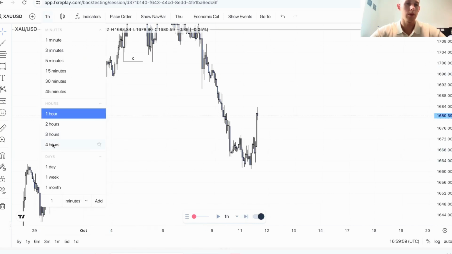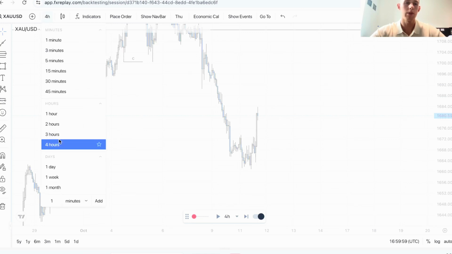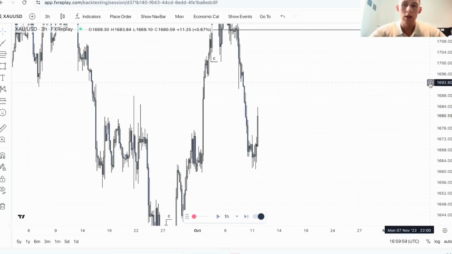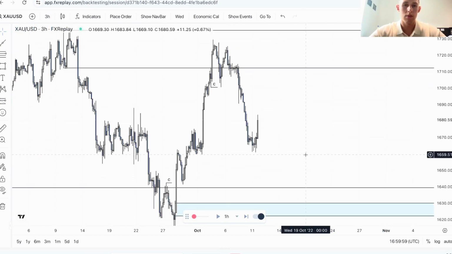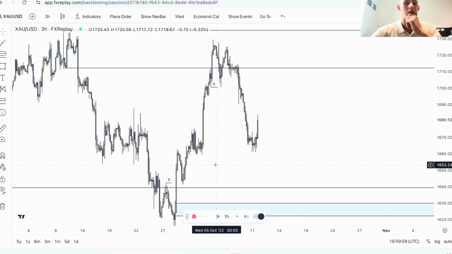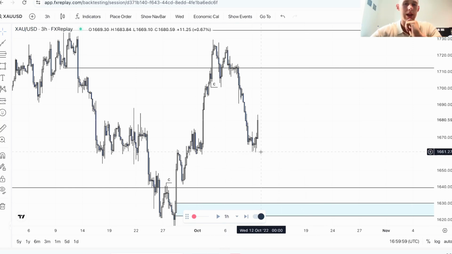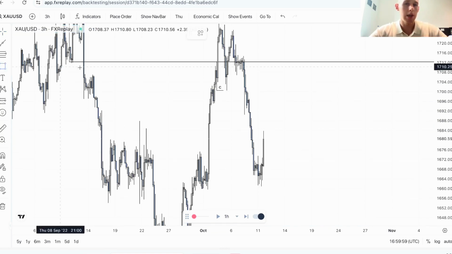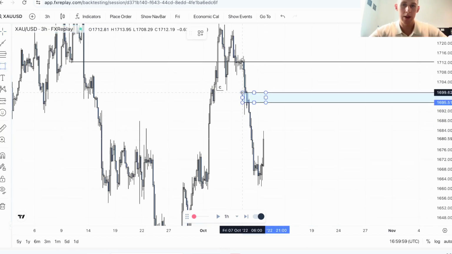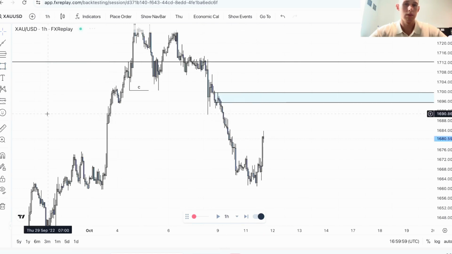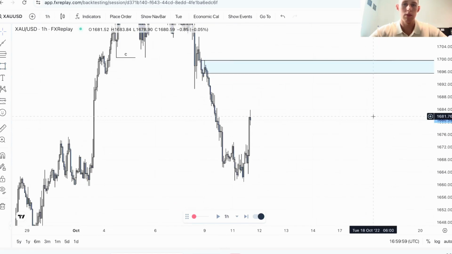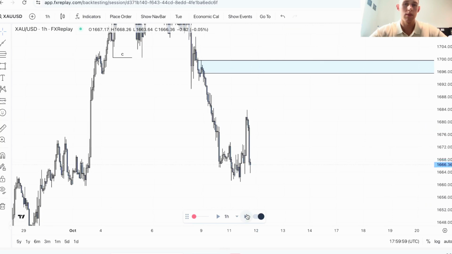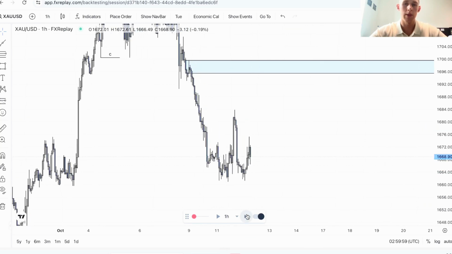Cool, so where can we see price come into? So we have all of these lows, definitely looking for those to get taken. Potential zone where we could see sells, maybe this area. Or just from there.